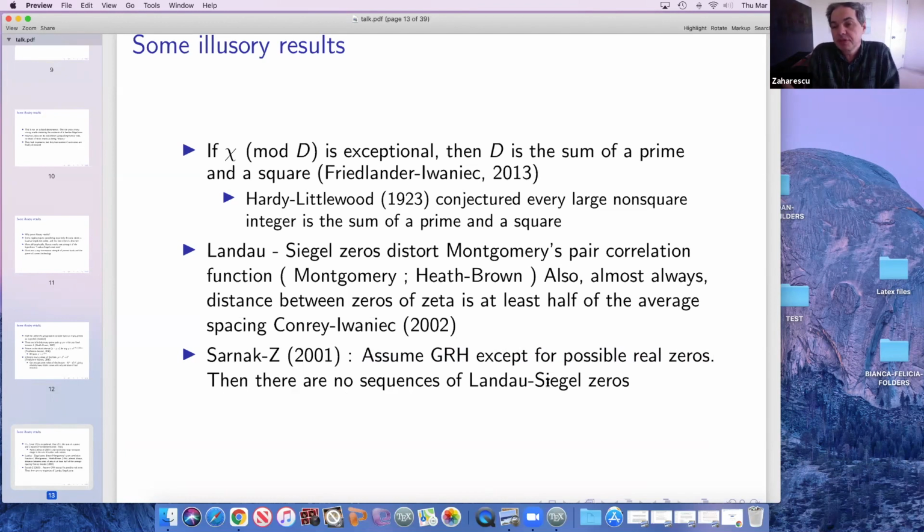In fact, we show something much stronger than that. In particular, we show that L(1, chi) is larger than a constant depending on epsilon, not only over d to the epsilon or c of epsilon over log q, but we can show that L(1, chi) is larger than c of epsilon over (log q) to the epsilon.